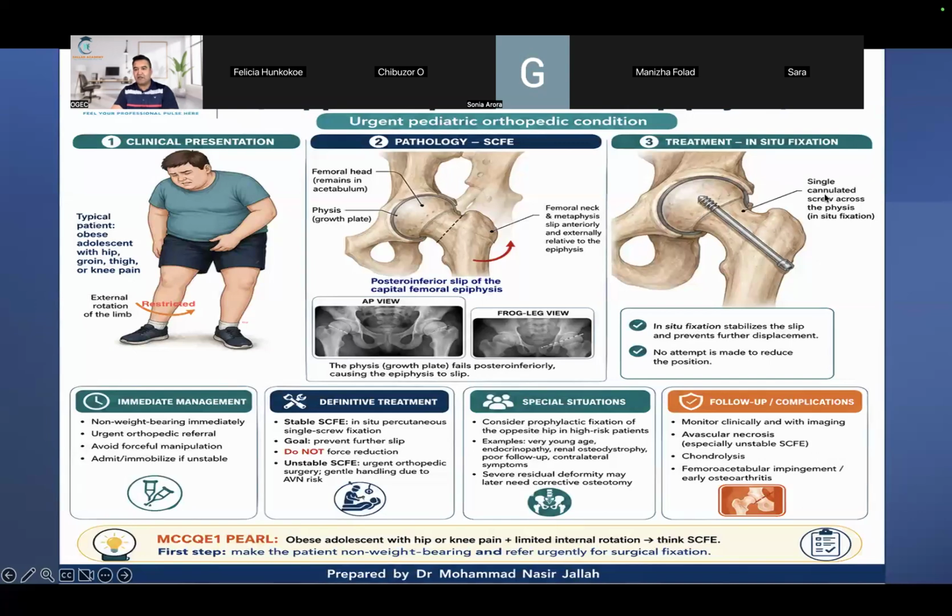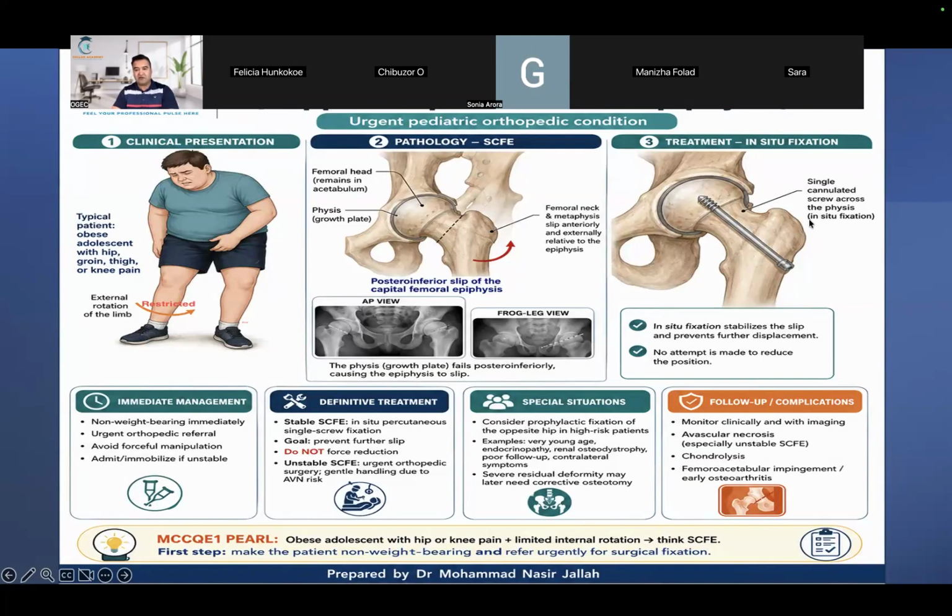And this is the single cannulated screw across the epiphysis, in situ fixation. So they might ask you, this might be one of the options in the scenario, so this will be your right answer.